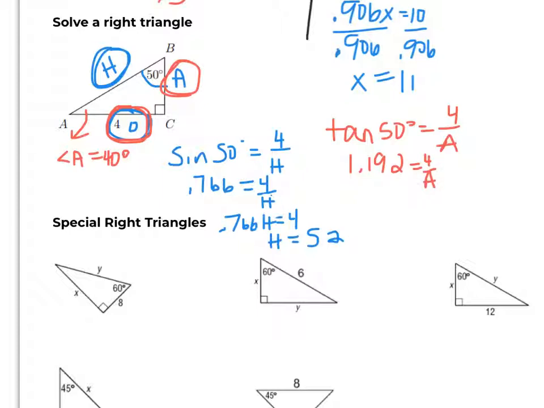We're going to multiply on both sides by the denominator. So 1.192a equals 4. And divide on both sides by 1.192. And I get that my adjacent side is 3.4. So that was using trig to solve a variety of types of problems.